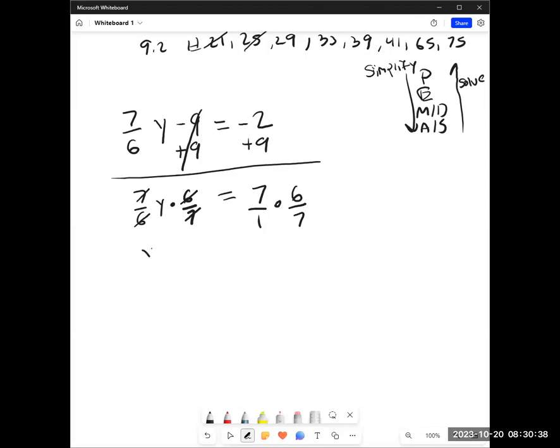And I'm going to be left with y times 1 on the left-hand side. That 7 divided by 7 will make a 1. I'm left with 1 times 6 over 1 times 1 on the right-hand side. y is equal to 6 divided by 1, which is 6.